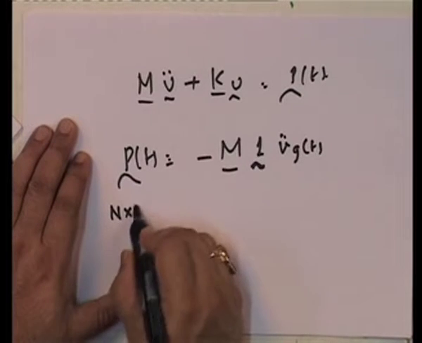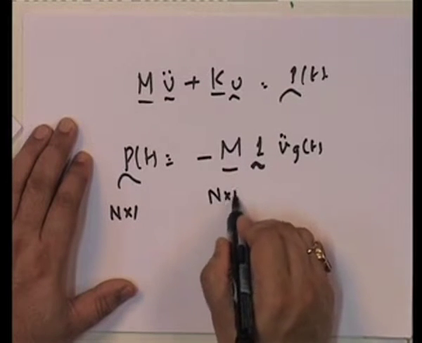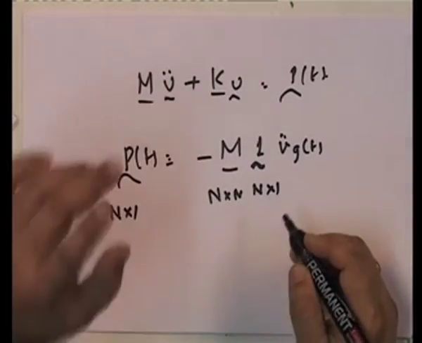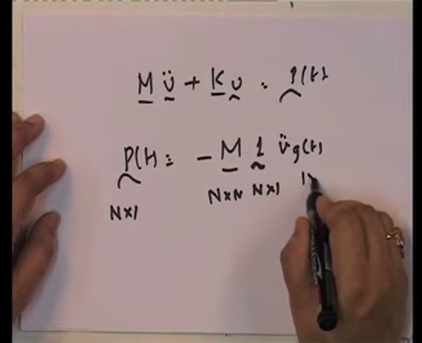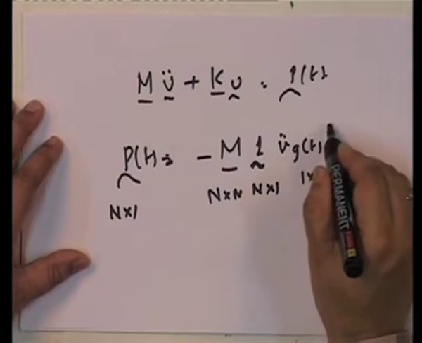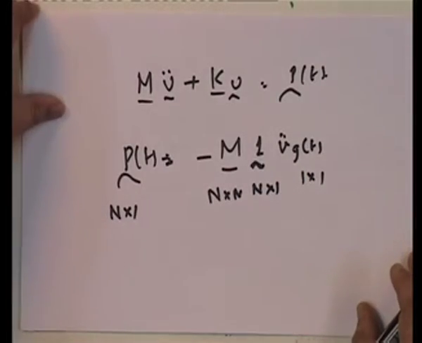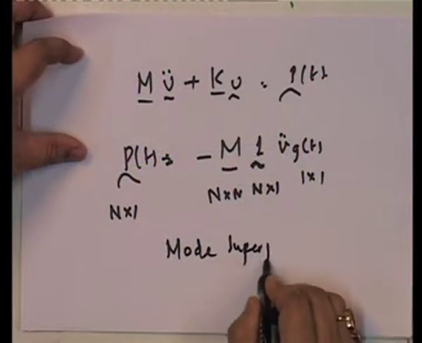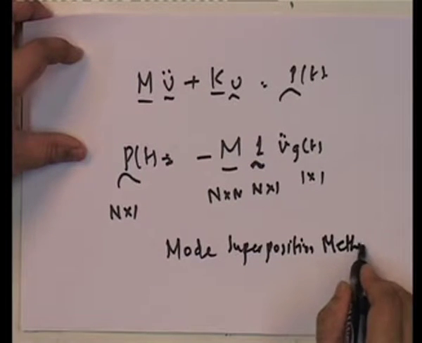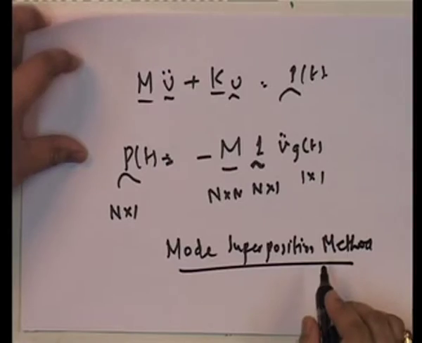So, this is an n by 1, this is an n by n, this is an n by 1 vector of 1s, all of them are 1, and this is a scalar. Okay. So, note that this is what you get, and if P of t is this, I will look at the mode superposition method. Okay. So, I am going to look at now solution using the mode superposition method, because I am looking at linear systems only.